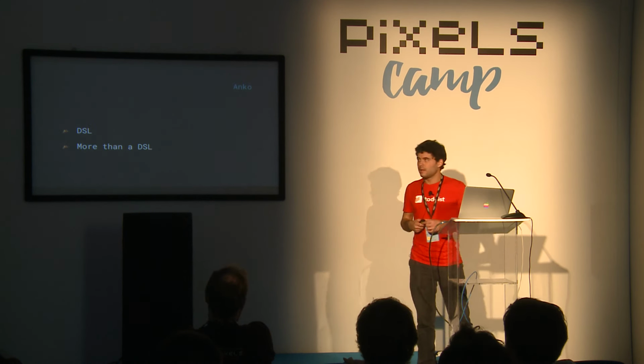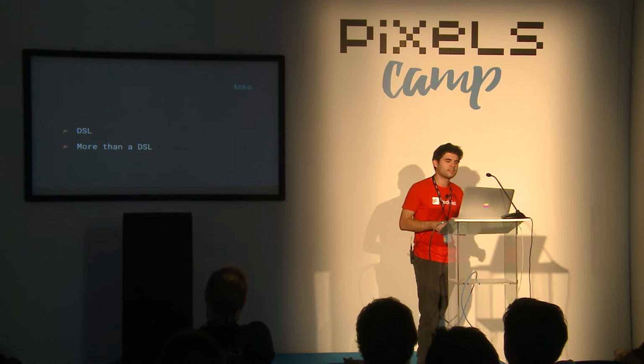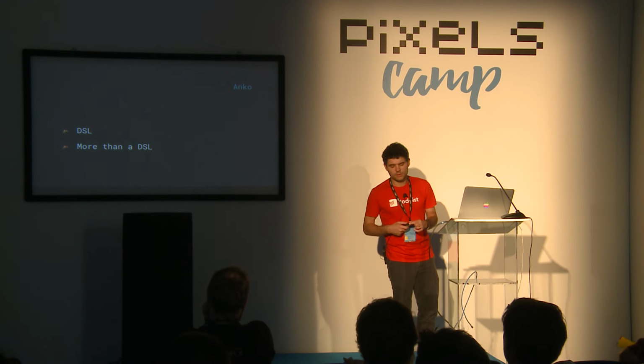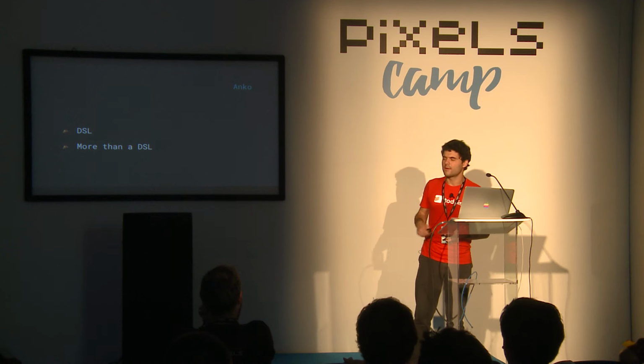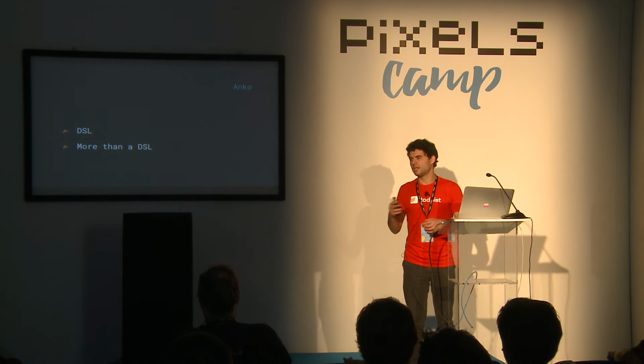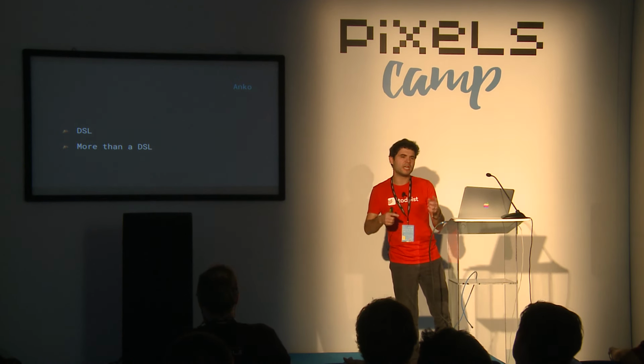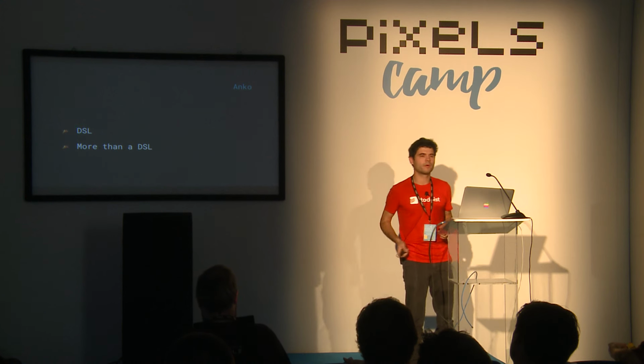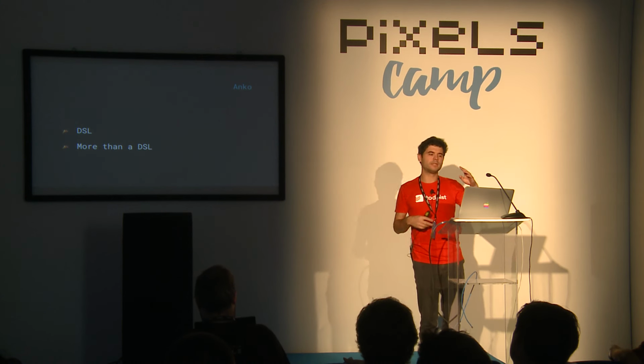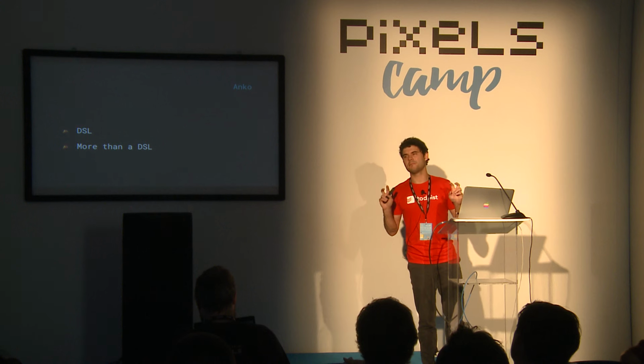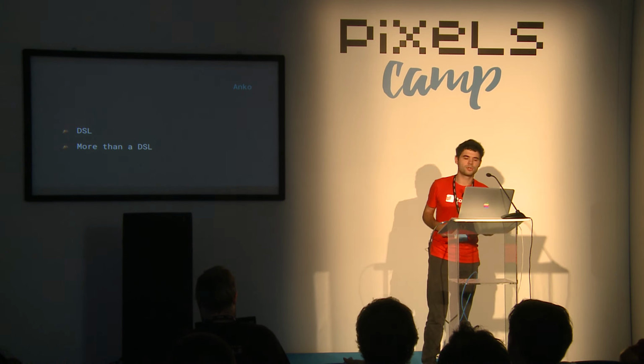So Anko is a DSL, again, but it's also more than a DSL. They have a bunch of utilities for threading, for dealing with the database, intents, meaning you call other apps back and forth, and a bunch of stuff. Their list of things that they make Android better is huge.